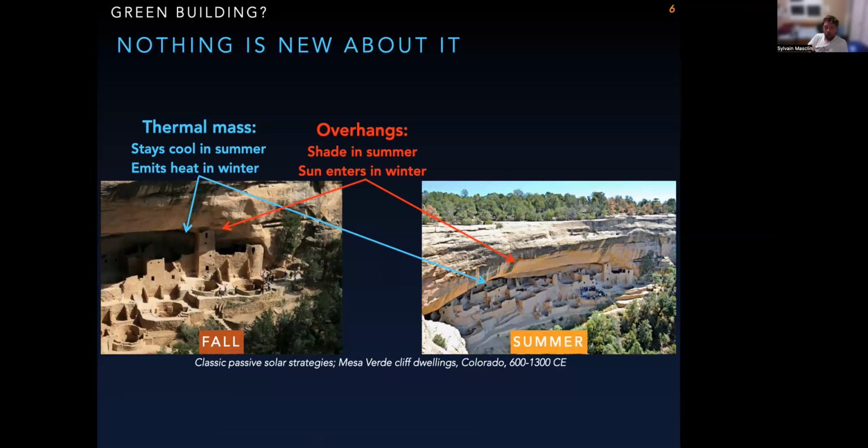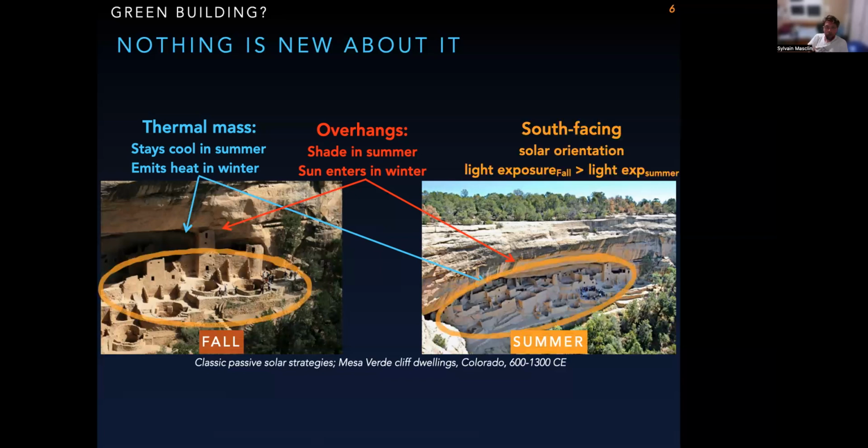And this is also happening because these habitations are south facing. That means that they are taking into account the solar orientation to have, in fact, this shading effect that can happen during summertime, but not during wintertime. The light exposure will be greater in fall and winter than it will be during summertime.